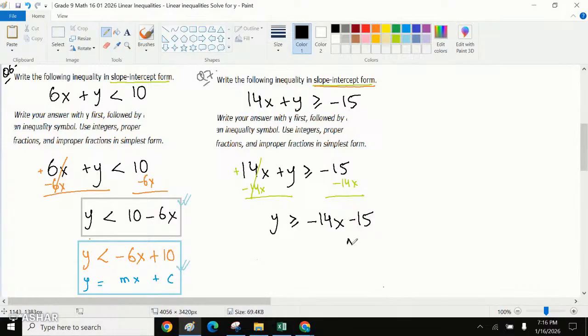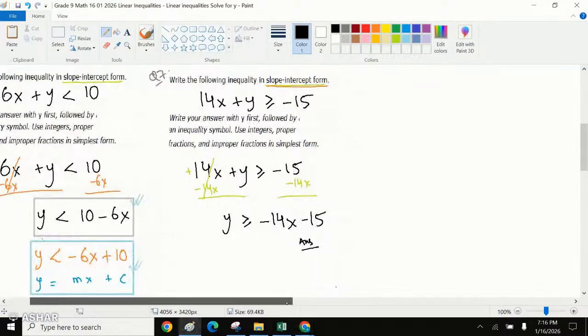So this is our slope intercept form. This is just what we need to do. It would be more difficult when we will have fractions, or we can have fraction values also. Let's see if we have another question with the fractions. Okay. No fractions yet. I'll try to make it difficult.